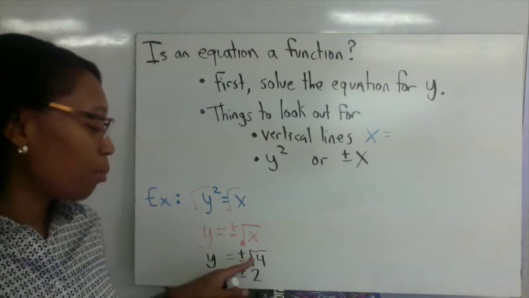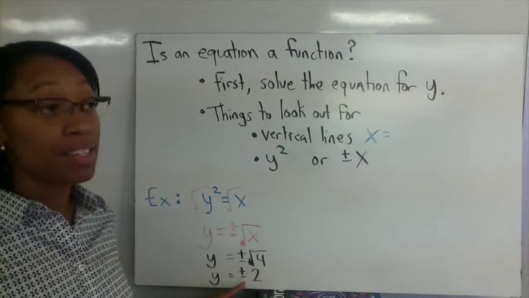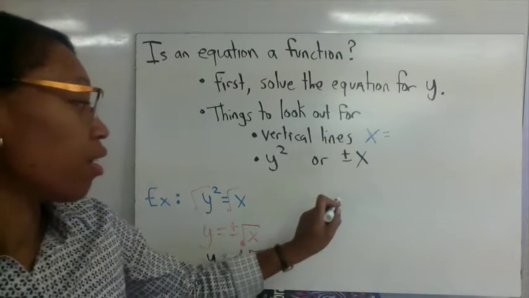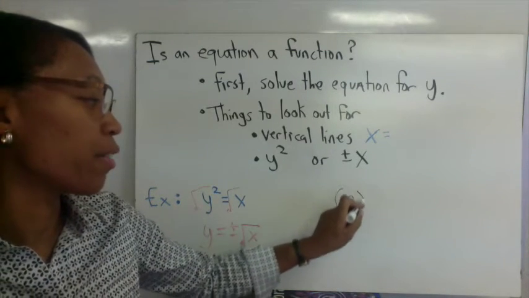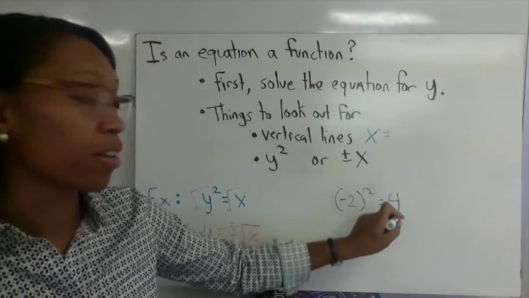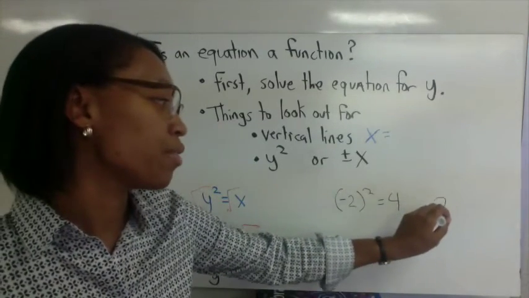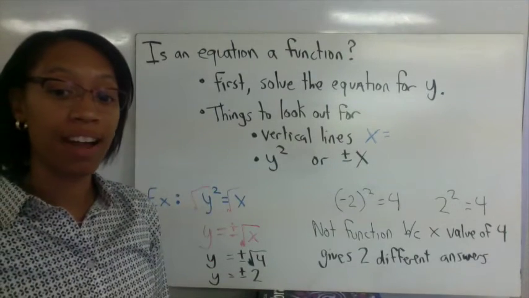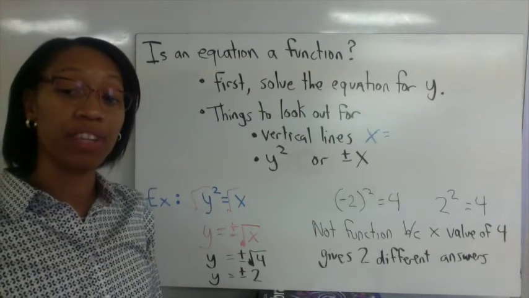So the problem is when I plug in 4, do I get positive 2 or negative 2 for y? Well, negative 2 squared is 4, and positive 2 squared is also 4. Okay, so it's not a function because 4 gives two different answers.